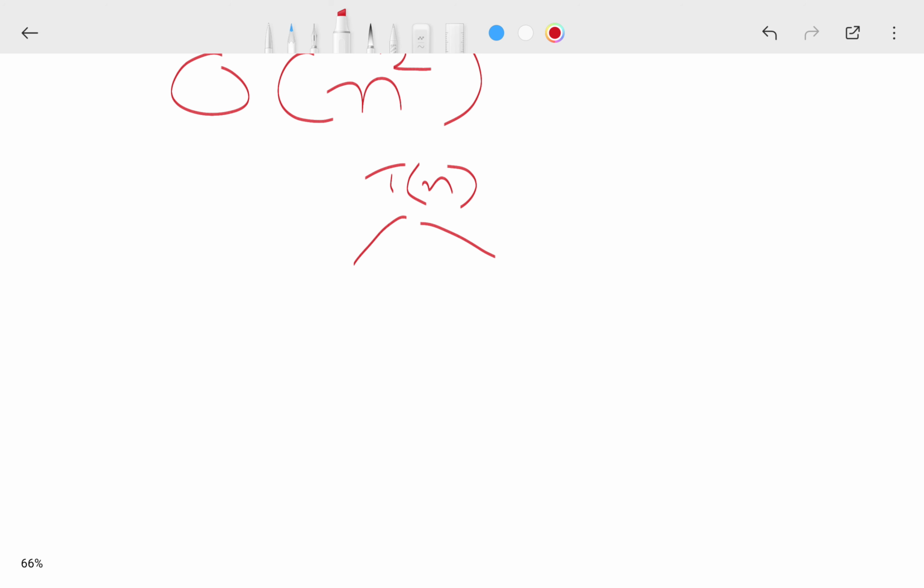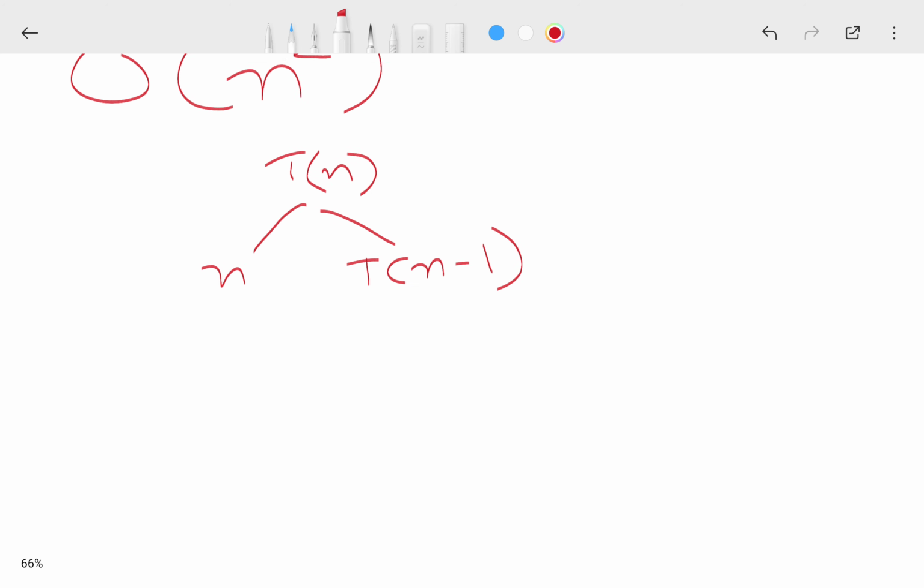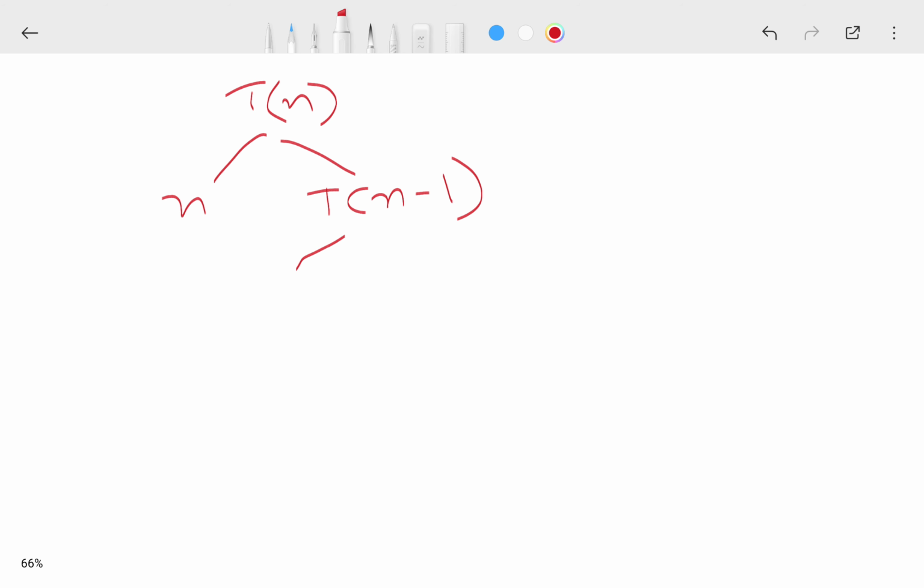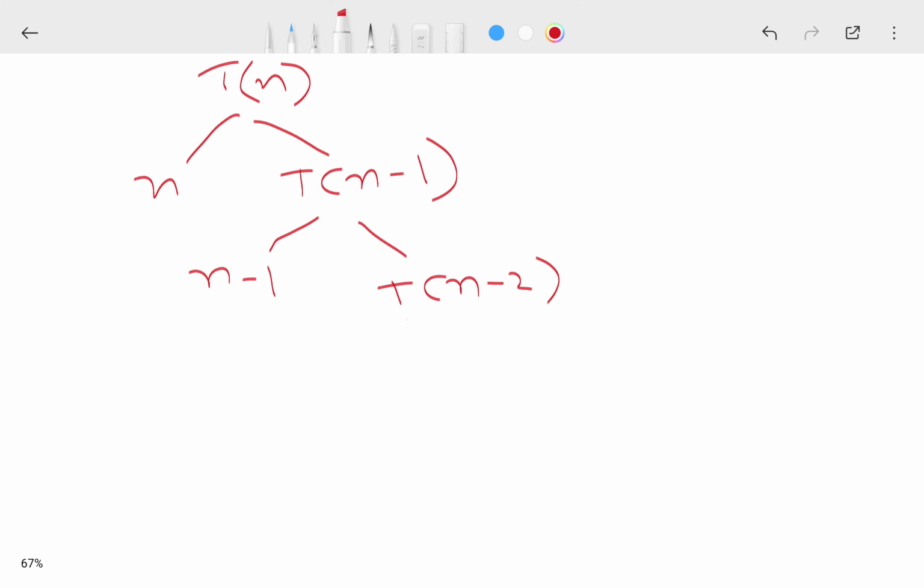So in each step, if the input size is n, the constant time it takes is n, and then it calls the next recursive function t of n minus 1. In this step, it takes constant time n minus 1, and it will call the next step n minus 2. Here the constant time is n minus 2, and then it will call t of n minus 3.